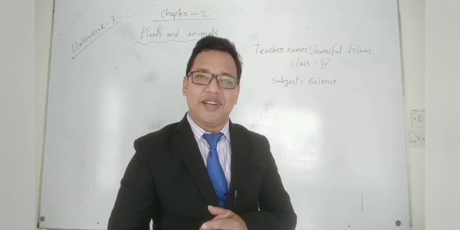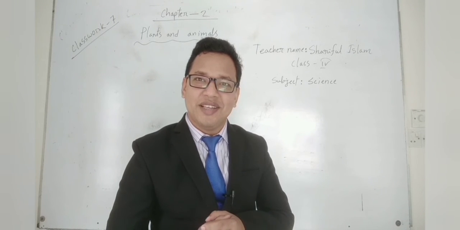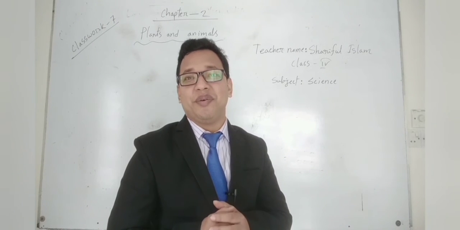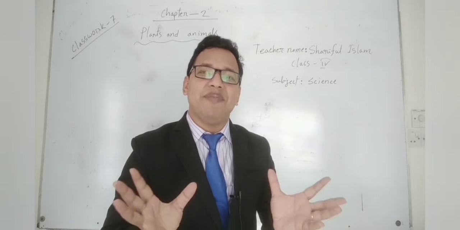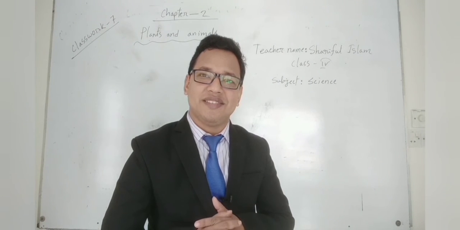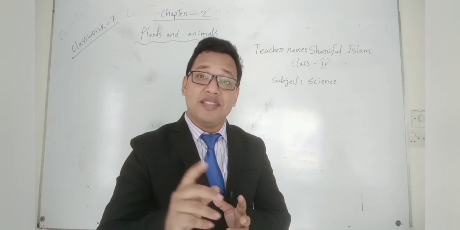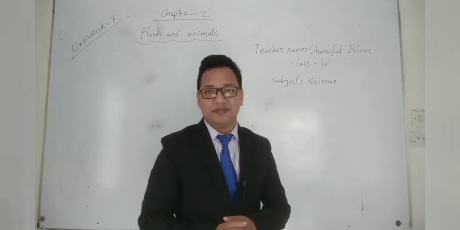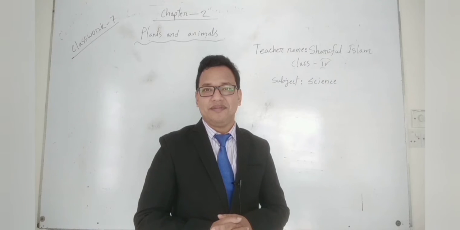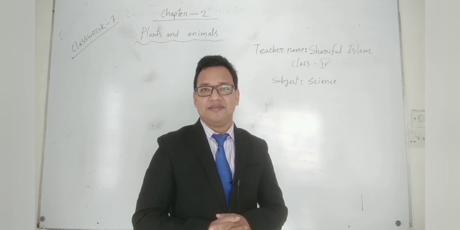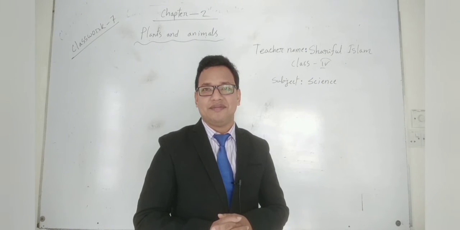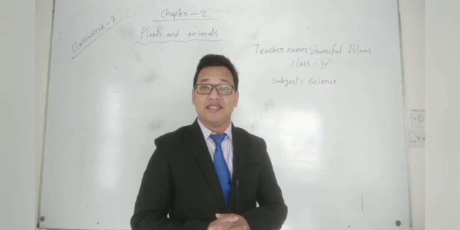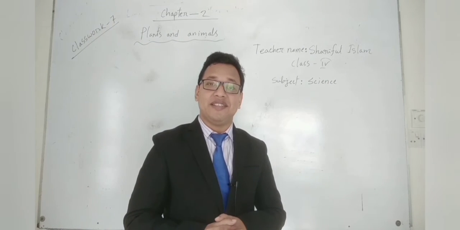Now, can I ask you another one question? Which plants grow in moist and shady places? Yes, moist and shady places. Which plants grow? Tell me please. Yes, I think all of you have given the correct answer.